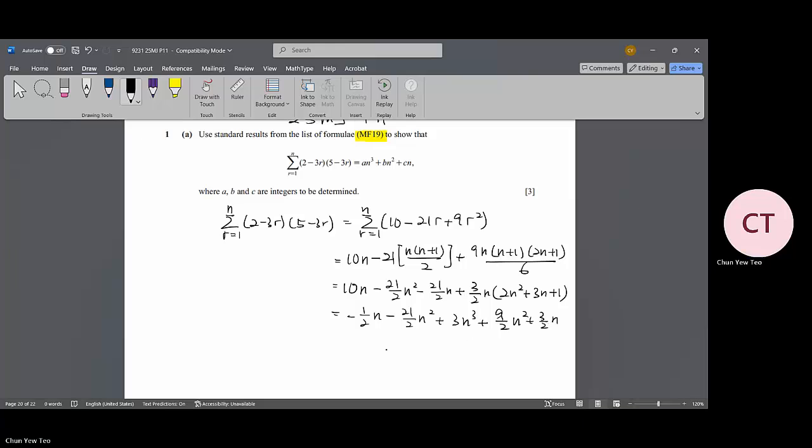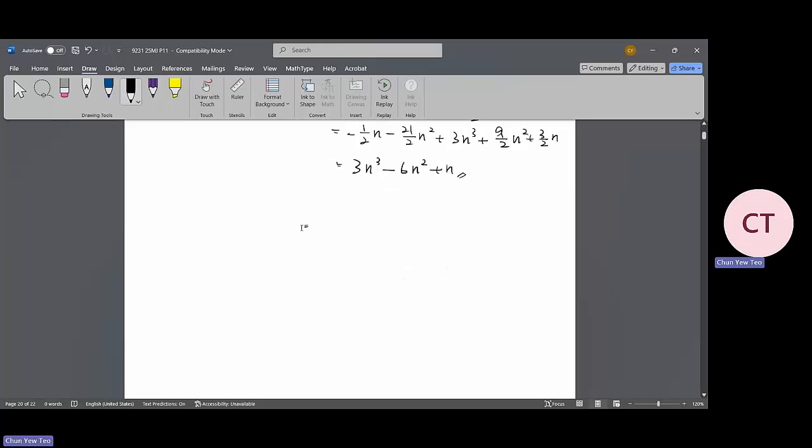Okay, then continue to simplify it. You get 3n cubed minus 6n squared, then plus n. So just like that, done. So this will be the answer for question number 1a.